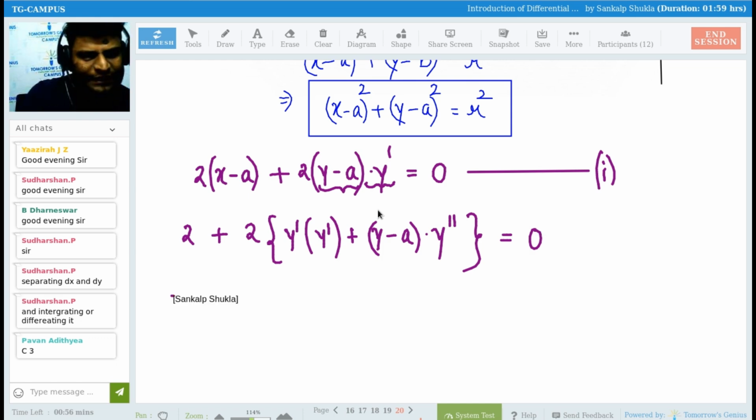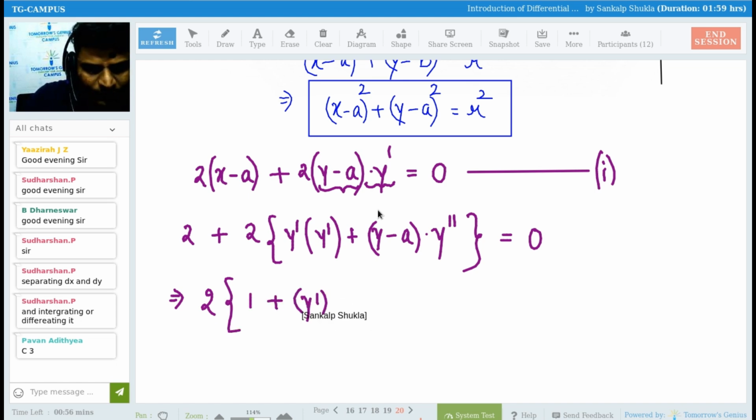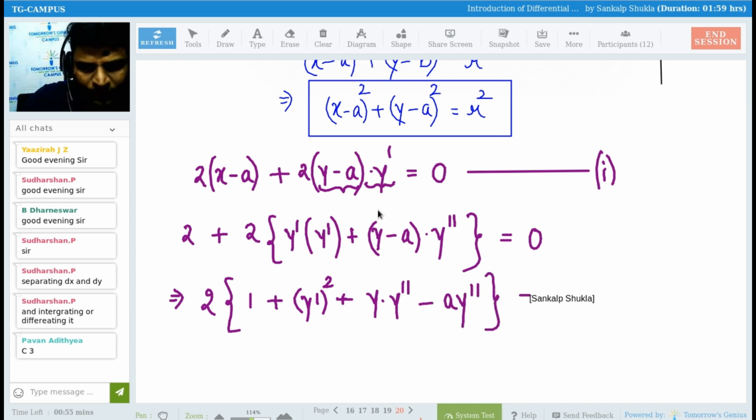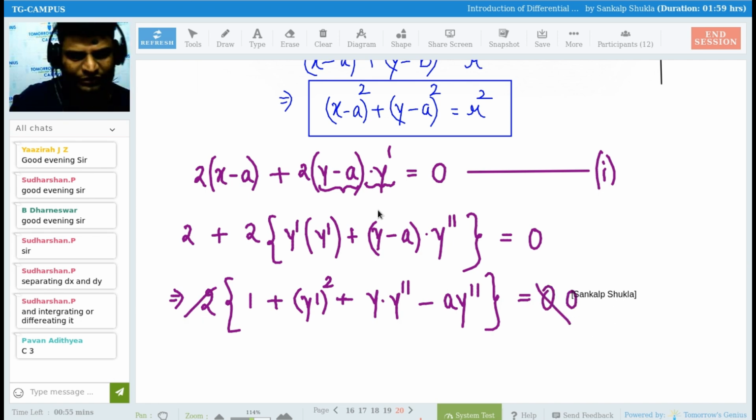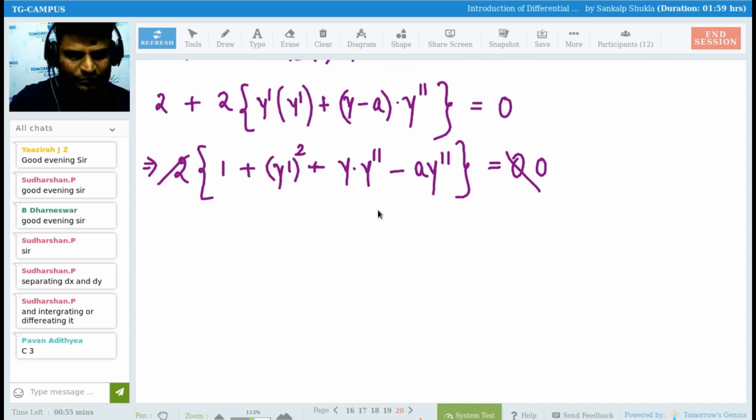Also we can take 2 as common from the entire equation, so this will become 1 plus y dash whole square plus y into y double dash minus a into y double dash is equal to 0, and this 2 can be sent to the right hand side, so all will be 0.